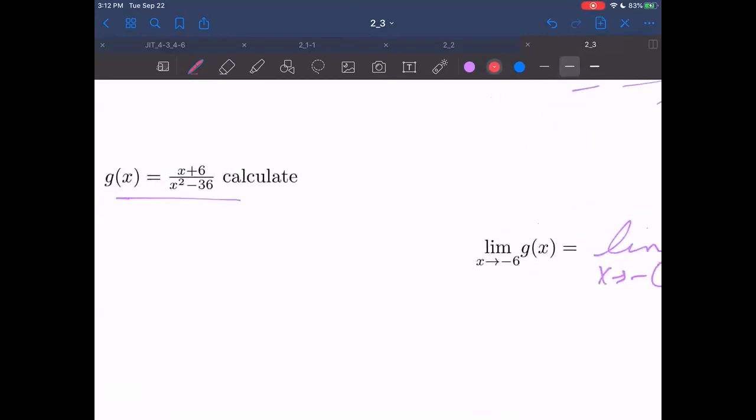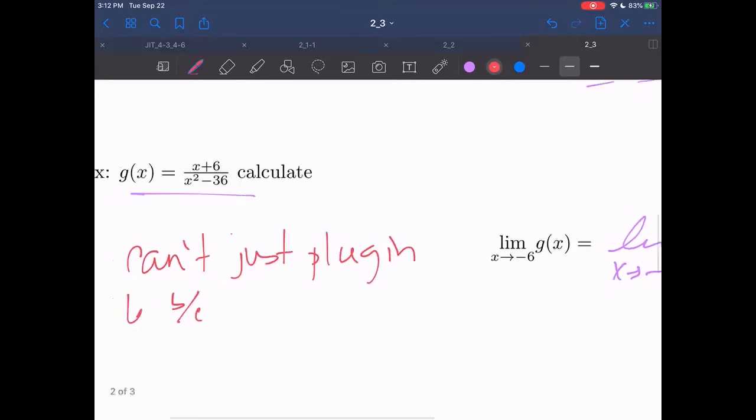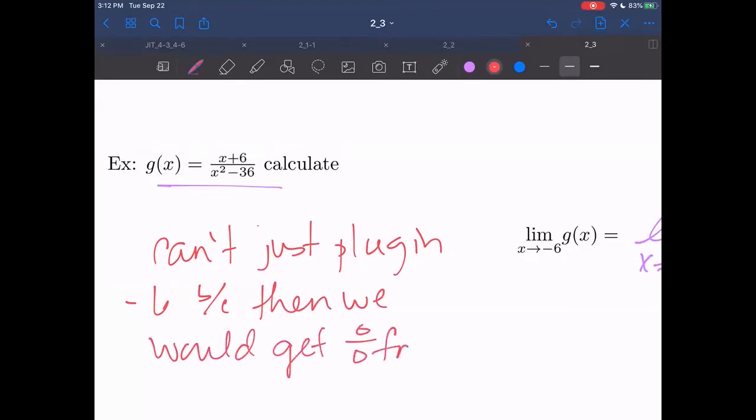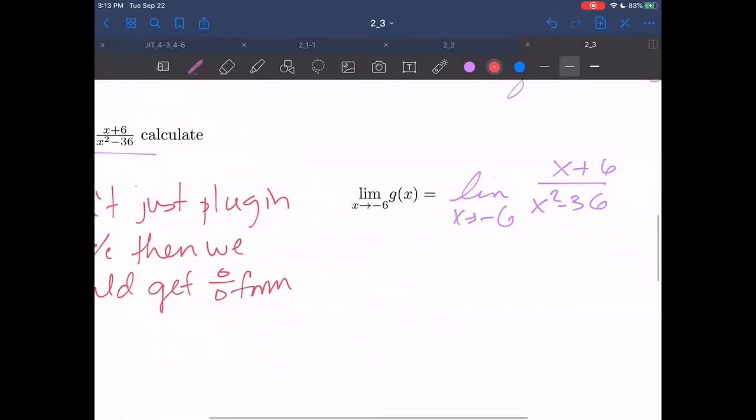So we can't just plug in negative 6, because then we would get 0 over 0 form, which we can't have because you can't divide by 0.